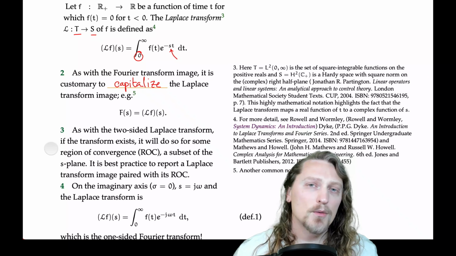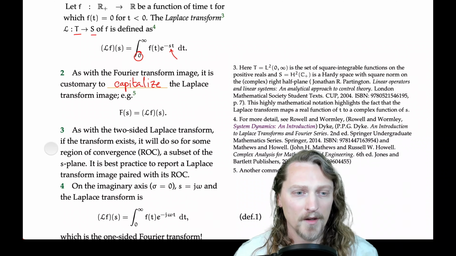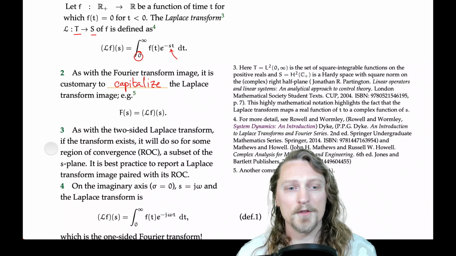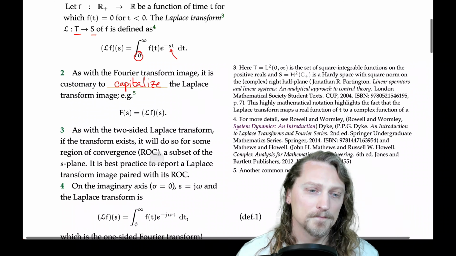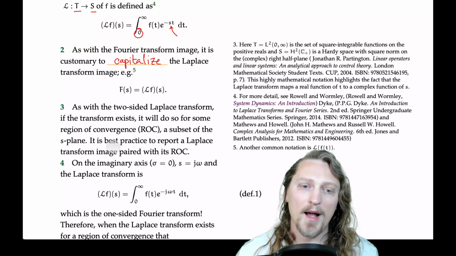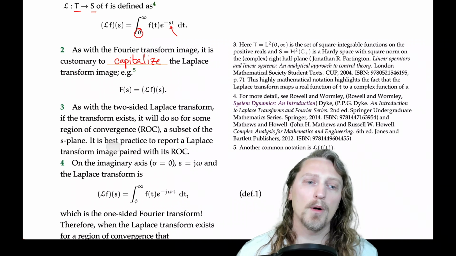As with the two-sided Laplace transform, if the transform exists, it will do so for some region of convergence, ROC, a subset of the S-plane. It is best practice to report a Laplace transform image paired with its region of convergence.